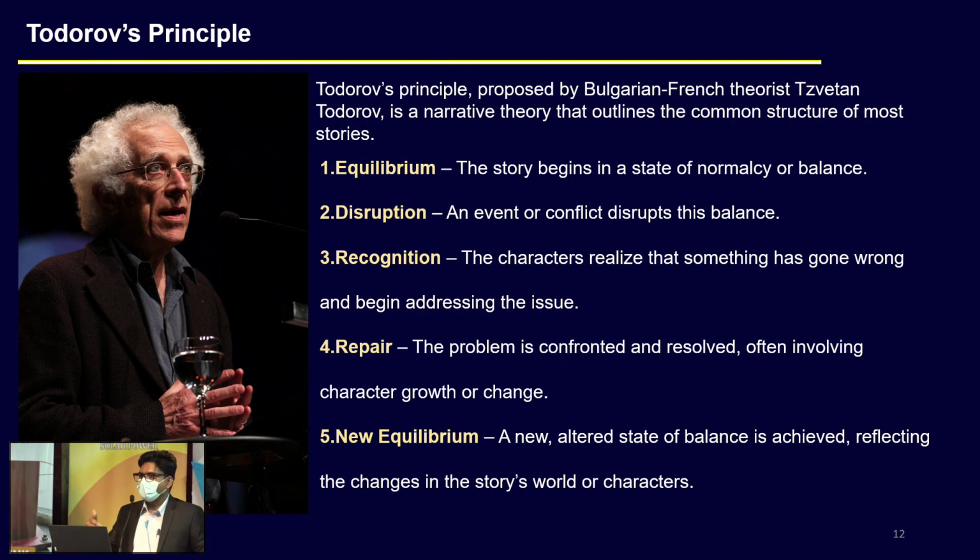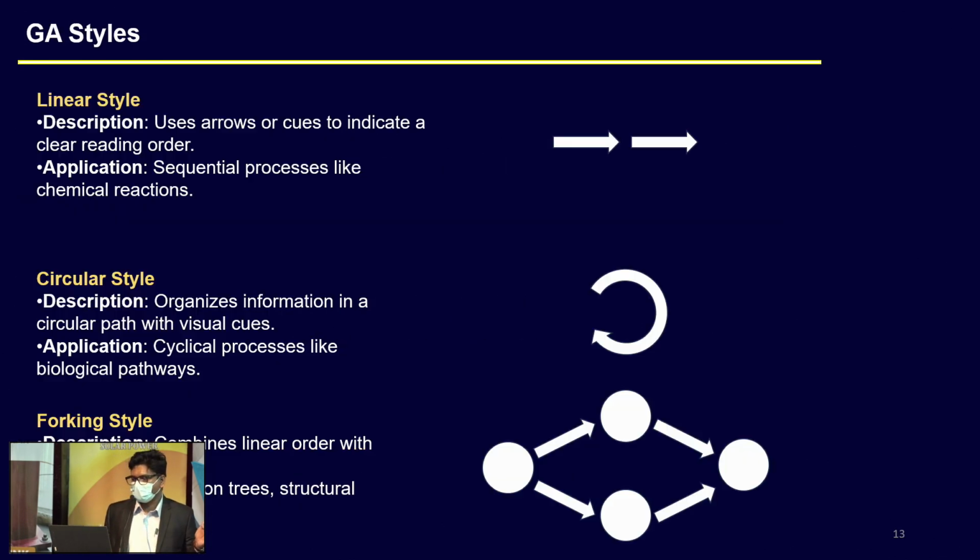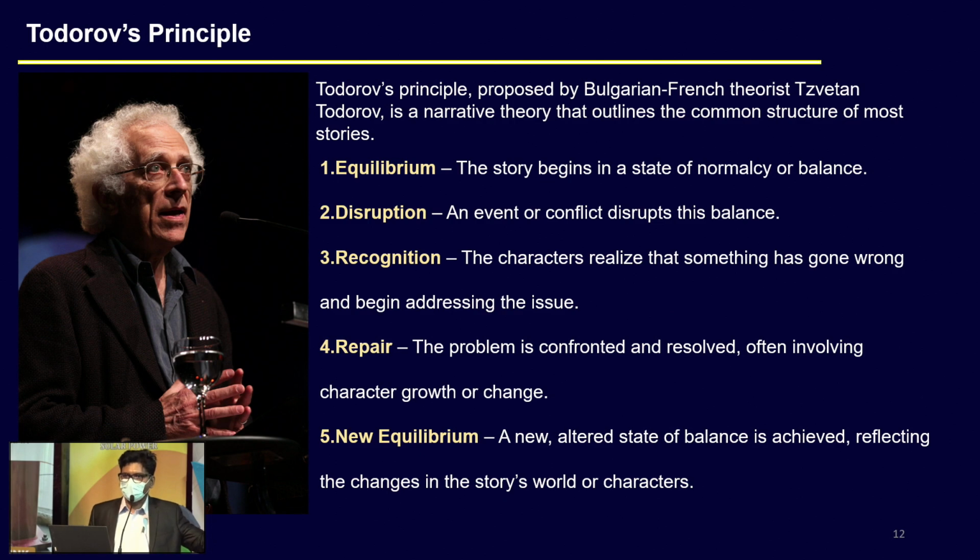That's the way to communicate a story. With that in mind, let's talk about different types of graphical abstracts, the styles of communication. Keep this in mind as we move on: equilibrium, disruption, recognition, repair, new equilibrium.